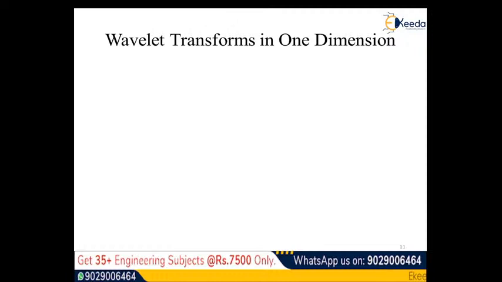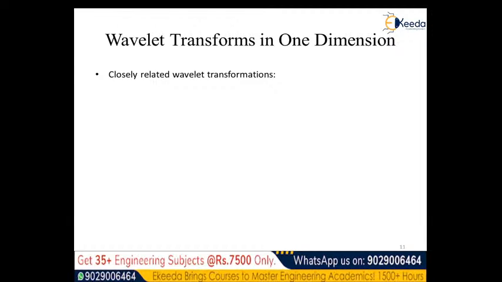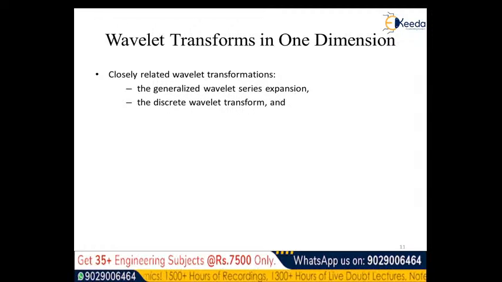So if we closely see the wavelet transformation here, we can have the three basic types that are really very similar to each other. They have the basic relationship with them as well here. So we first of all undergo through the generalized wavelet series expansion here. Then next to that we have the discrete wavelet transformation, that is really very popular here, and along with we should also have knowledge of the continuous wavelet transformation.